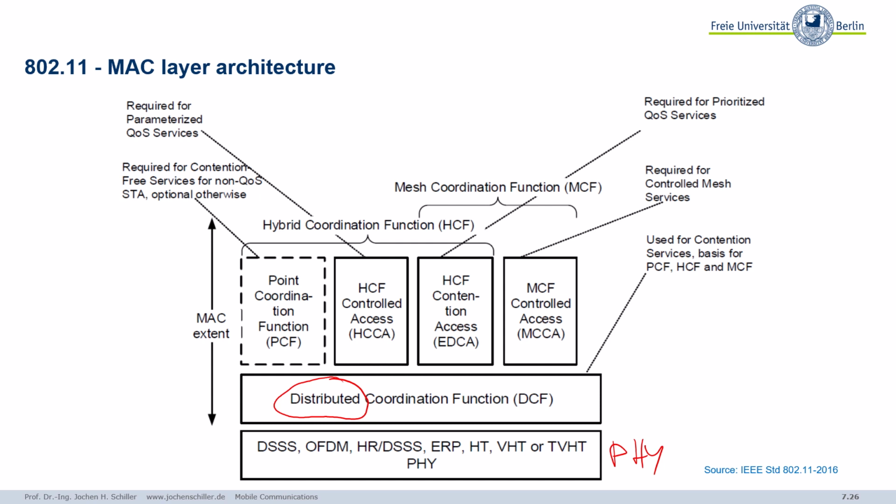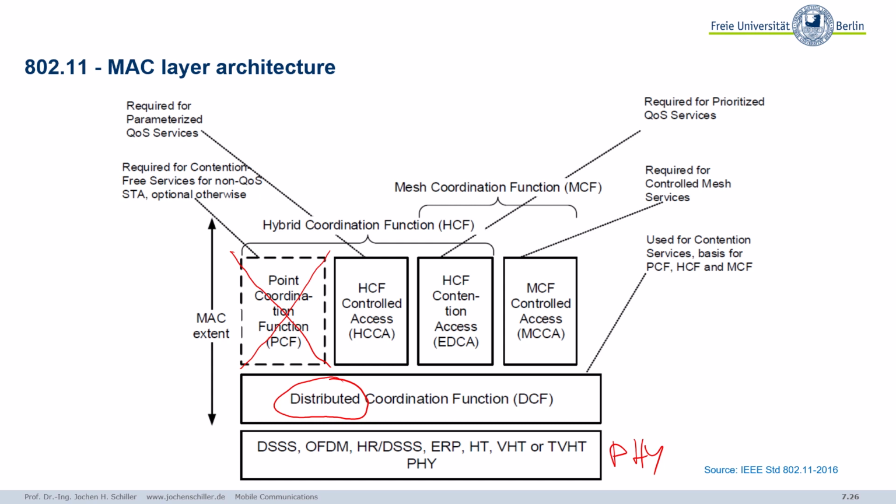So the DCF, the distributed coordination function, is used for different services that are on top of it. So the so-called hybrid coordination functions, the mesh coordination functions, and the now obsolete PCF, point coordination function. This PCF was in the early standards, but not really used, never used. And maybe it will drop out of the standard in the future.